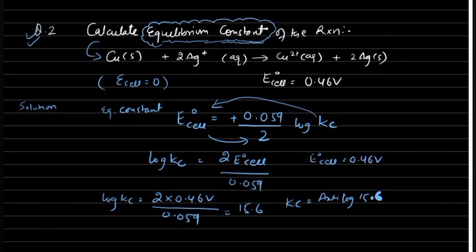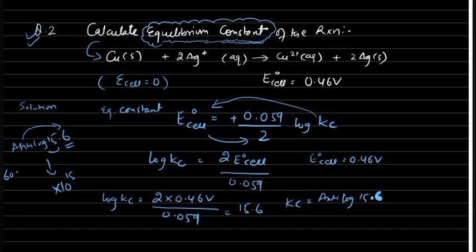I have already calculated the antilog of 15.6. We need to see before the decimal there is 15, so we can write 10 raised to power 15 multiplied by the antilog of 0.6. How to check the antilog of 0.6?